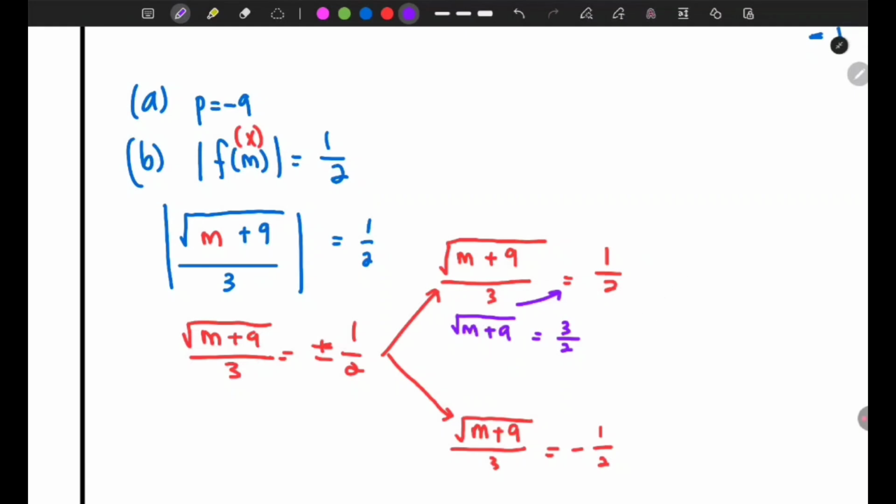So I write it here. And then your plus 9 bring to the other side become minus 9. So 3 over 2 square you get 9 over 4. 9 over 4 minus 9 is negative 27 over 4.